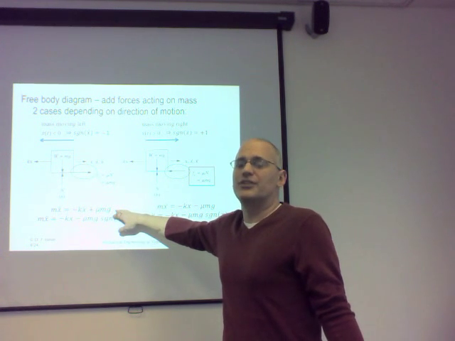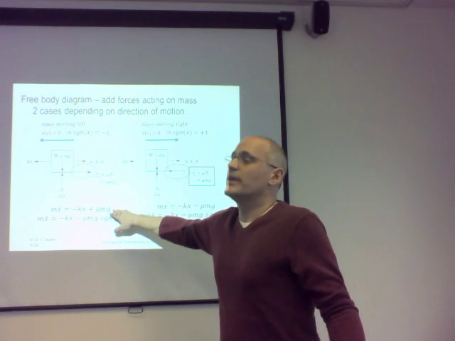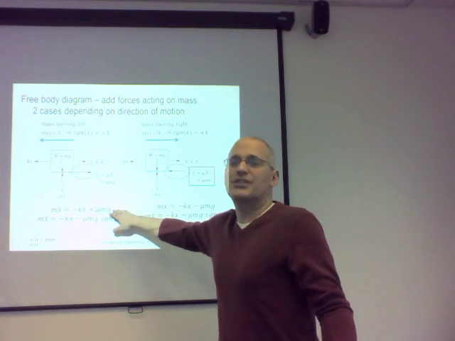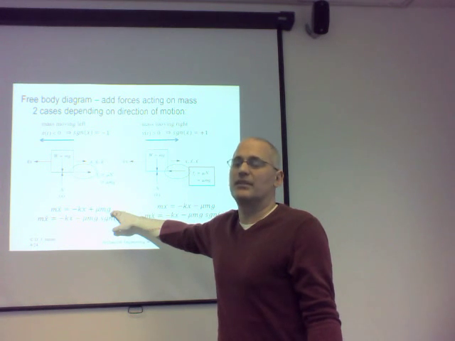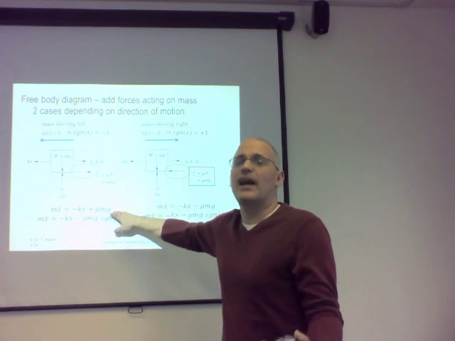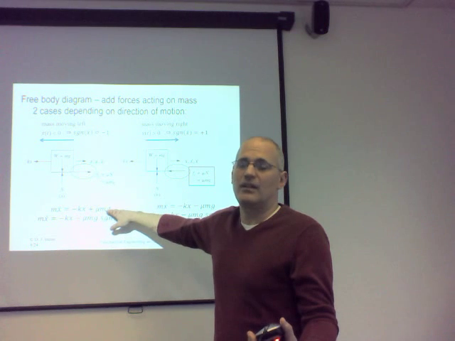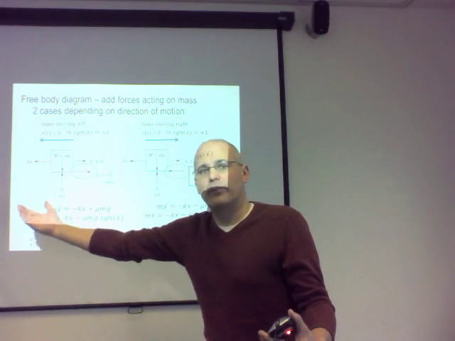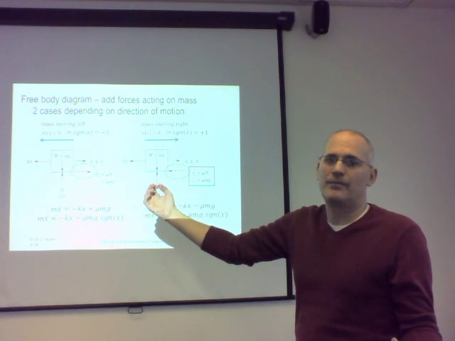So if our initial conditions are negative, we can use this equation of motion. We can assume a form of our solution, substitute it in, find the conditions under which the equation of motion is satisfied by the assumed form, and we can find a solution, and that will be valid anytime the velocity is negative. We would use that for all the beginning times when the velocity is negative until the velocity hits 0.